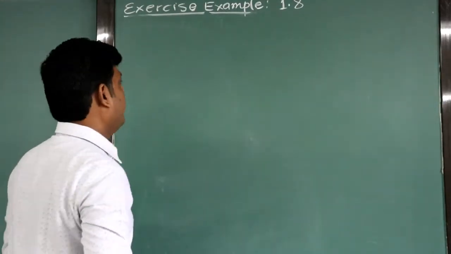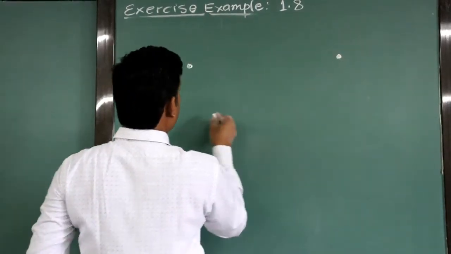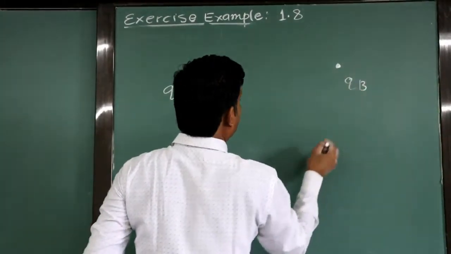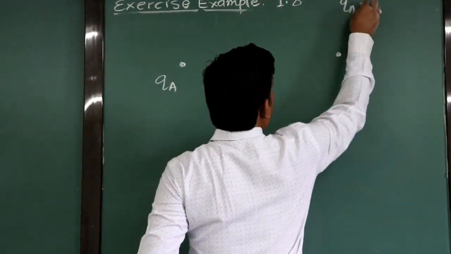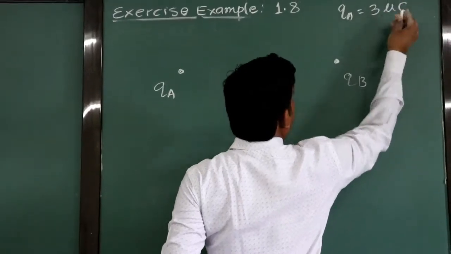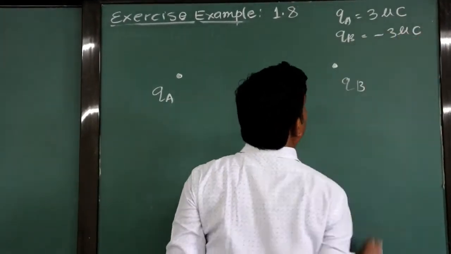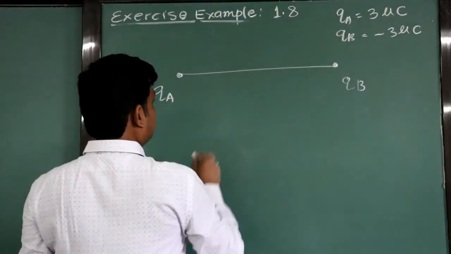See 1.8, two charged particles QA equal to 3 microcoulomb and QB equal to minus 3 microcoulomb. They are separated by a distance of 20 centimeter.